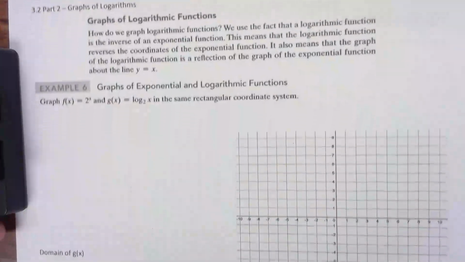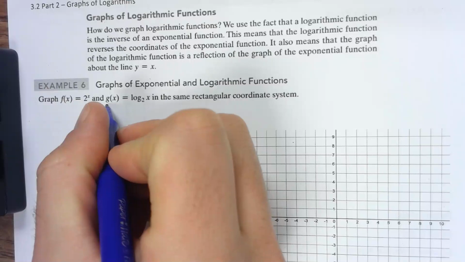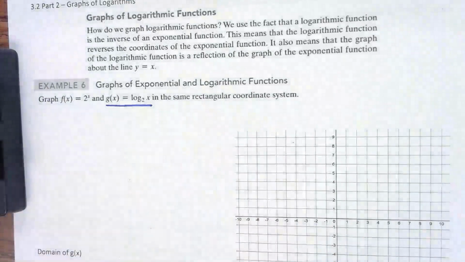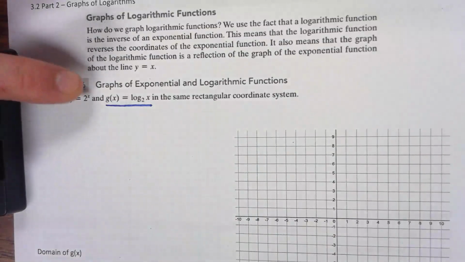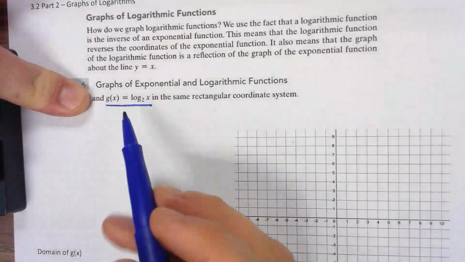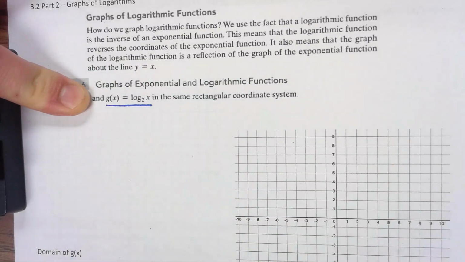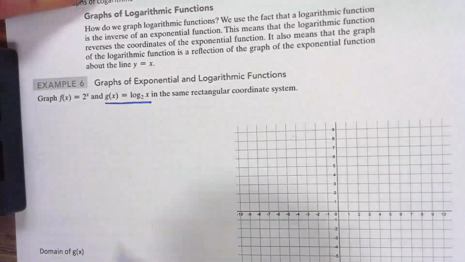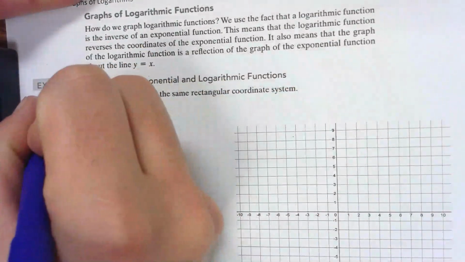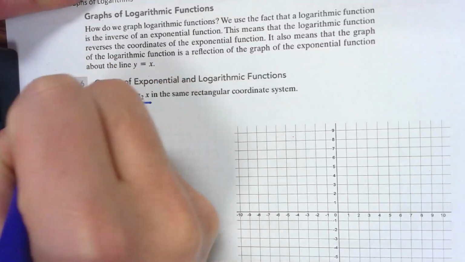All right, so in this first example, we're really trying to graph log base 2 of x. Before we do this, and this tells us where to start, you're going to think about what is the base of the log, because that is going to be the base of the exponential, and we're going to start with that. So we're going to start by graphing f of x equals 2 to the power of x. I'm going to have an x value, and we're going to come up with y, 2 to the power of x.